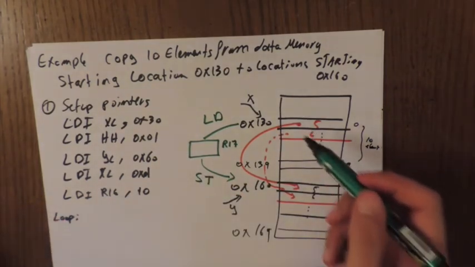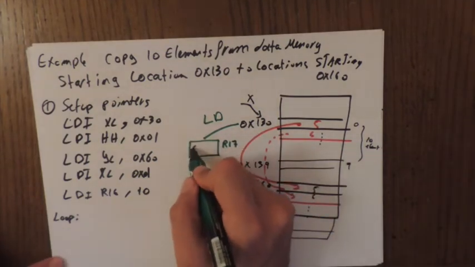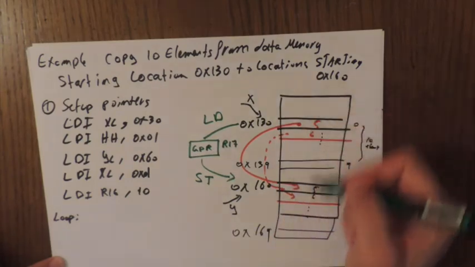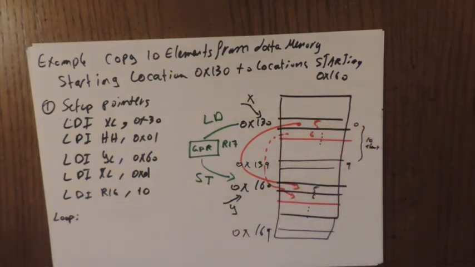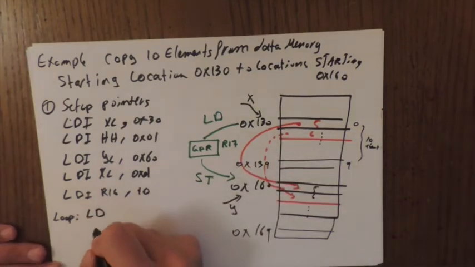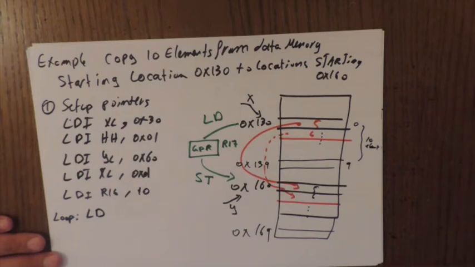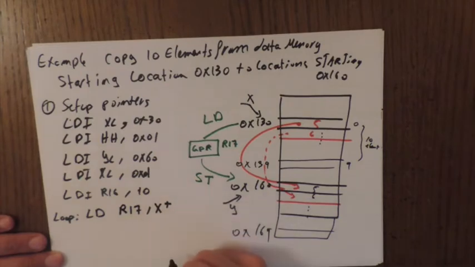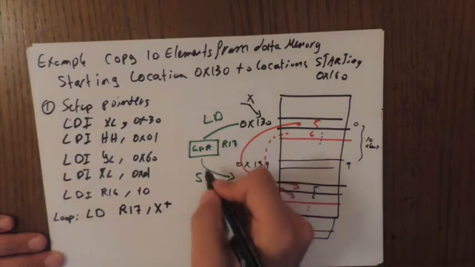There is always a mandatory passage through the GPR when going from one location to another. We cannot just copy it directly. We have to go through the GPR. So first, we're gonna load. We're gonna use the post increment. Let's say this is R17, LD R17, X plus. And now it's in R17.